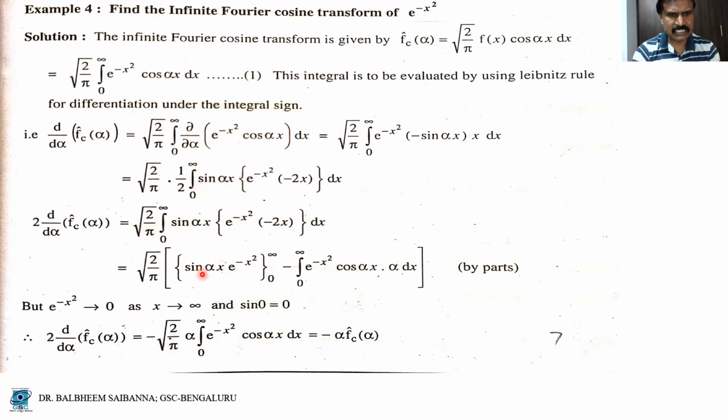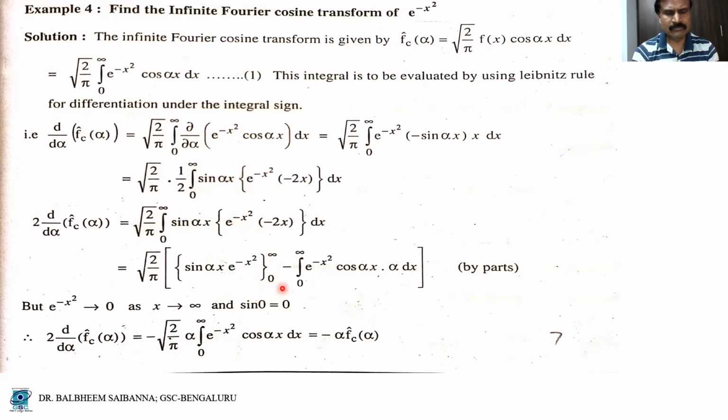So first function as it is, integration of the second: if you take minus x square as the substitution, minus x square is equal to t, then minus 2x dx is equal to dt. So the integration of e to the power of minus x square times minus 2x is only e to the power of minus x square.